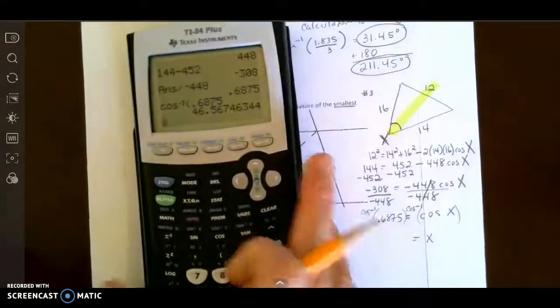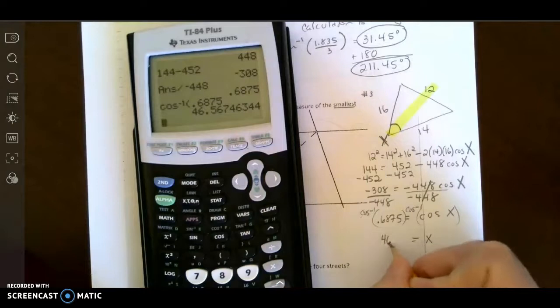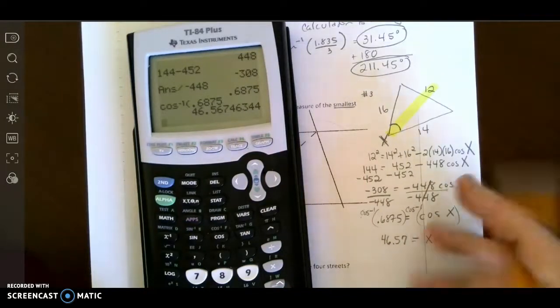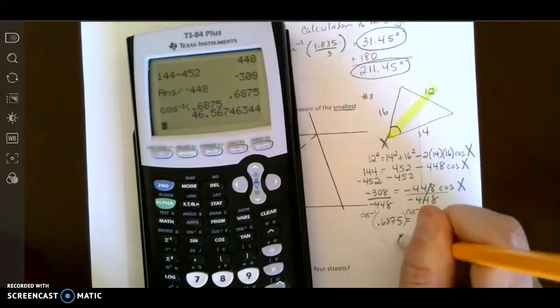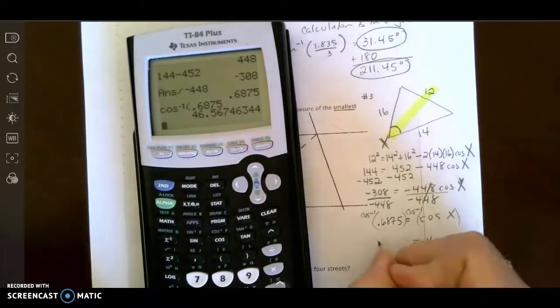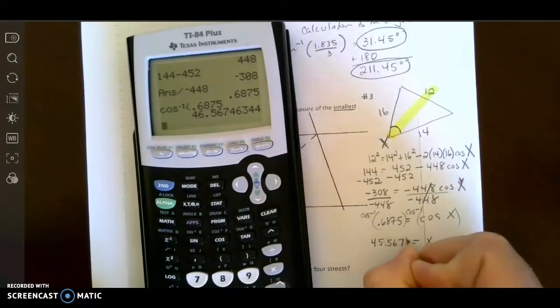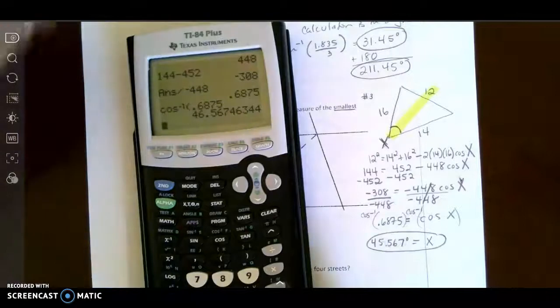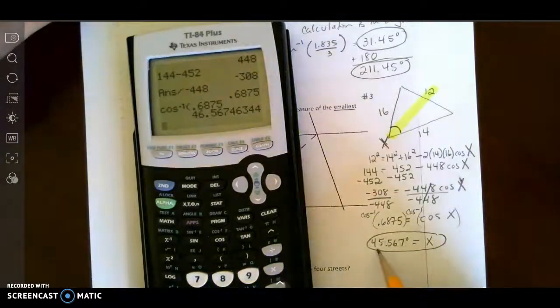It did not. 46.57. I'll just go to 2 decimal places. I guess I could go to 3 and say 46.567 degrees. If it asked to the nearest degree, it would be 47 degrees. Okay?